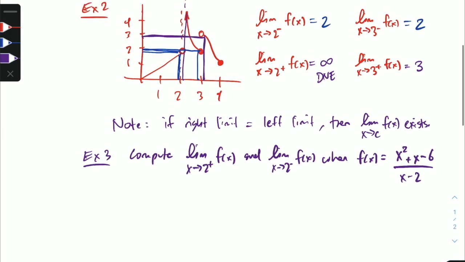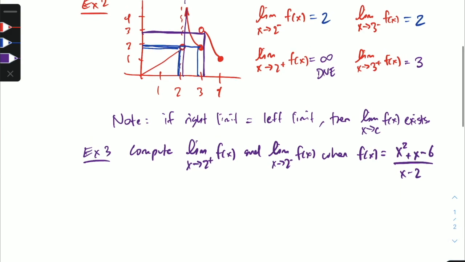And this is a good one to do numerically, because if we put 2 into this function, we'll see that it's undefined at 2. So we have to pick numbers that are close to 2 to estimate what this limit is. So we could graph this. I'm going to do this in a slightly different way than the other examples. I'm going to do this with a table.